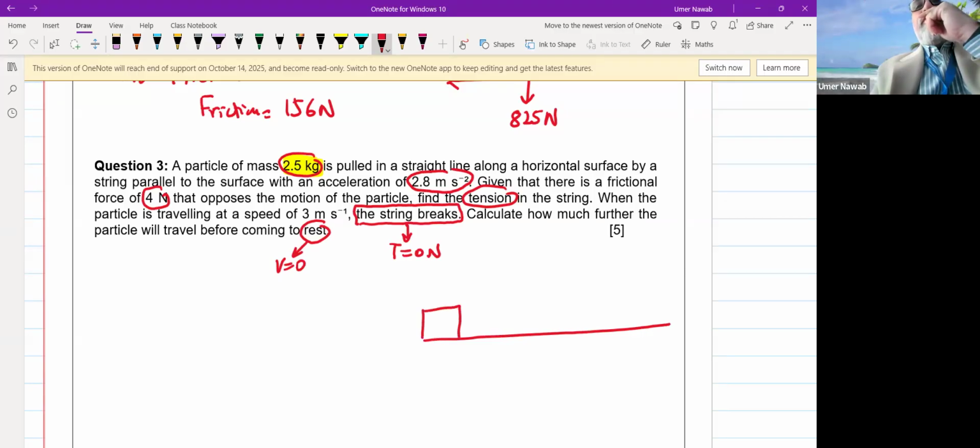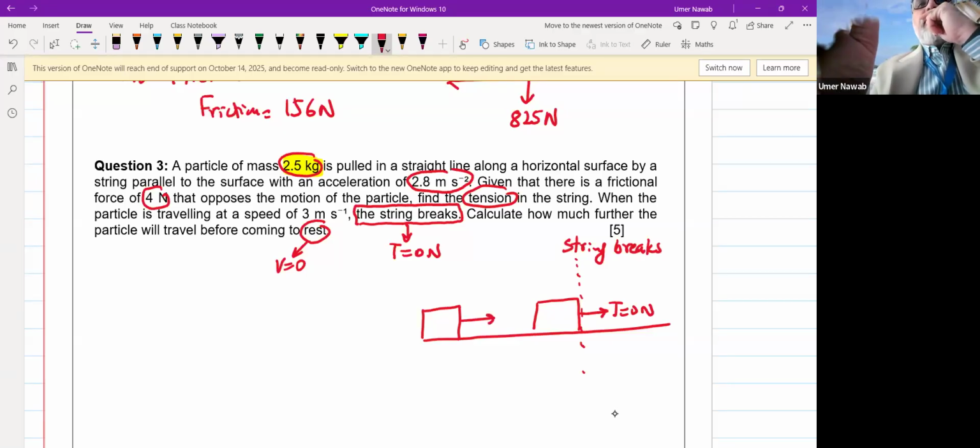First, when the particle moves from here to here, at this time the particle is connected with a string. And this is the phase when the string breaks. If the string breaks, then the tension will be 0 newtons. But here the tension is intact and it is there. So the tension I want to find. Did he mention that? He said, find the tension.